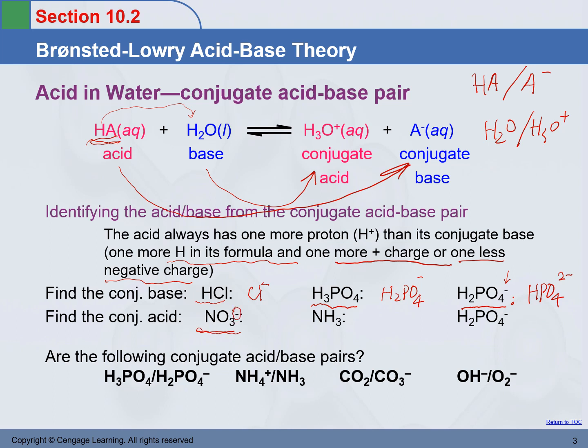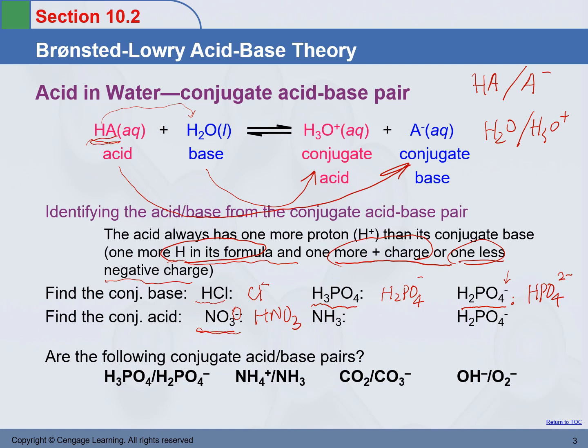After adding a positive charge, it's going to be neutral. So the conjugate acid will be neutral. Now we need to add H to it. HNO3. That will be the conjugate acid. You add H in the formula and one more positive or one less negative. In this case, it is one less negative.